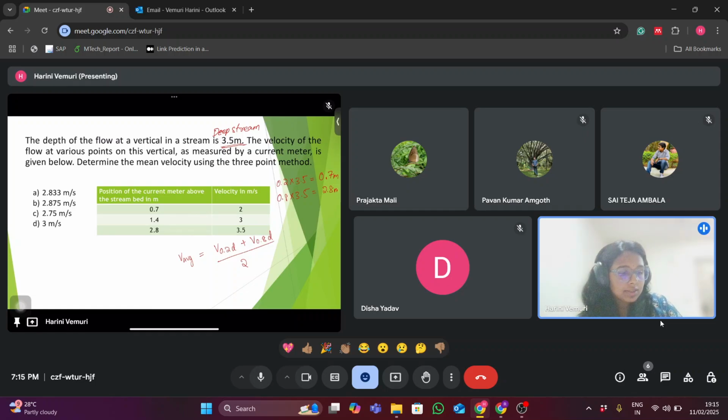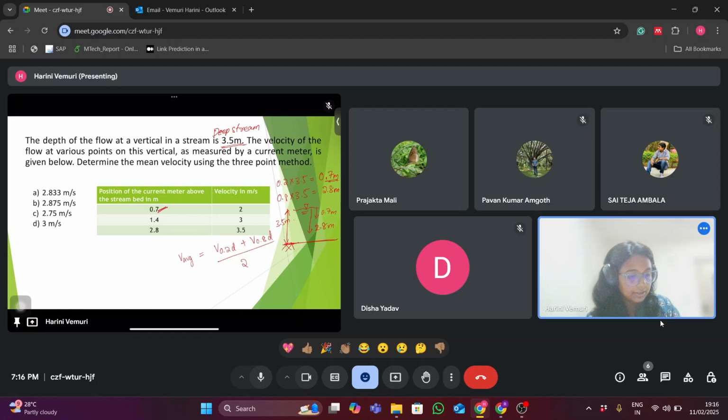So here this 0.7 meters is from the top surface of the water, right? 0.7 meters and 2.8 meters. This is the ground surface which is at 3.5 meters. Here they have given the position of water meter above the stream bed.